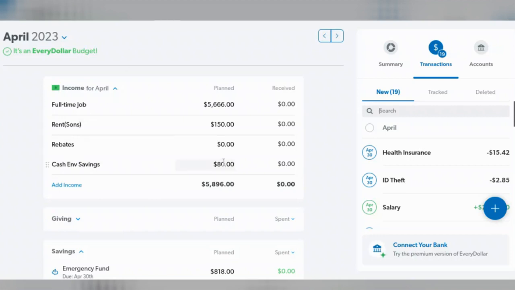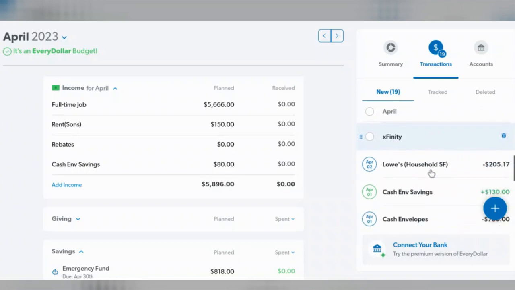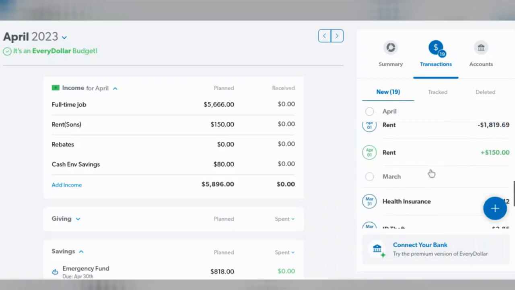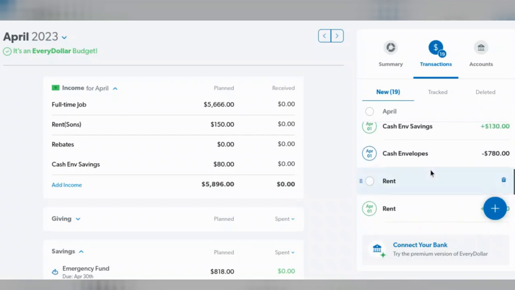Not sure why I changed it. So for cash envelopes, savings, I had that written down. Maybe I didn't write it down. The lies I tell. Let's see if I put it in here, because it would have been April 1st.